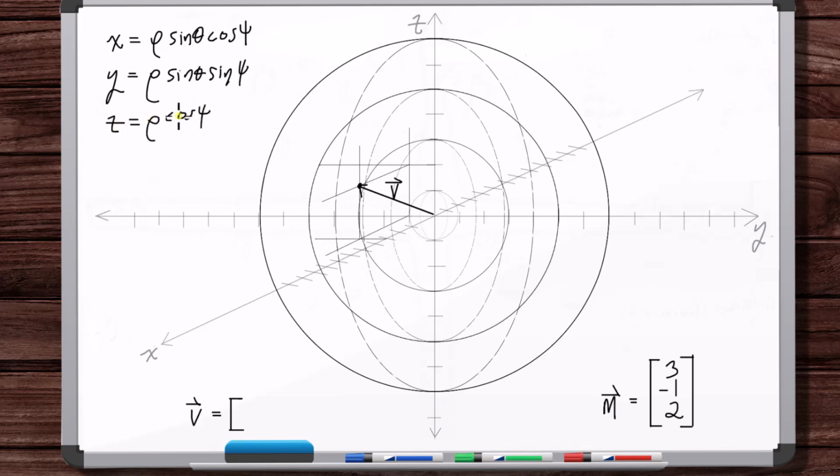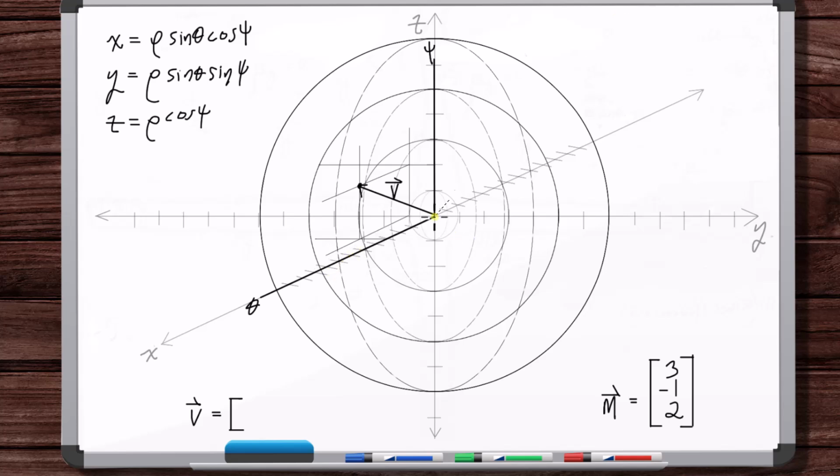If you do some manipulation with these equations here, you can solve for rho, theta, and psi. Let me put in these axes. Here's the theta axis. Here's the psi axis.